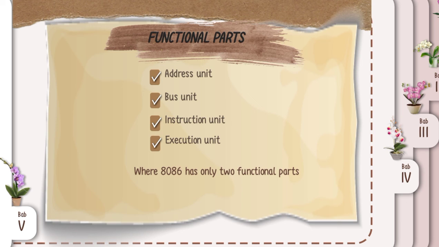So our second functional part of the Intel 80286 microprocessor is the bus unit. The third functional part is the instruction unit. After receiving the instruction in the instruction unit, it starts to decode the instruction. After the instructions get decoded, they then need to be executed.